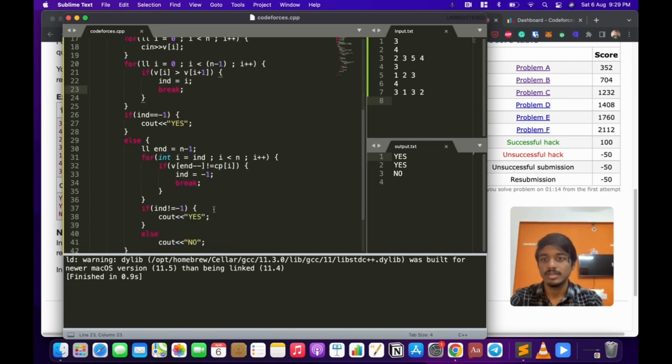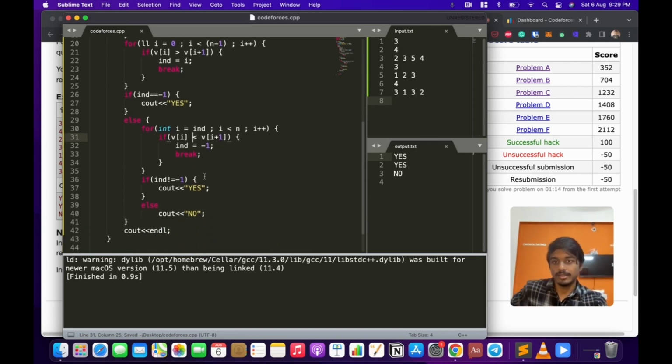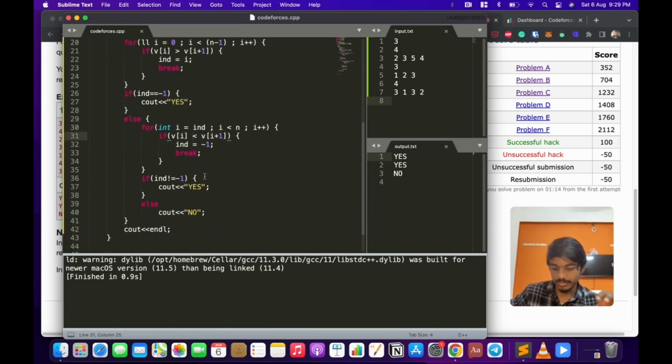Now what I have to do is, for int I equal to index, I less than n minus 1, I plus plus. Copy is not needed, this is v of I plus 1. If it is less than this, then matter over. It should always be greater than or equal to this.